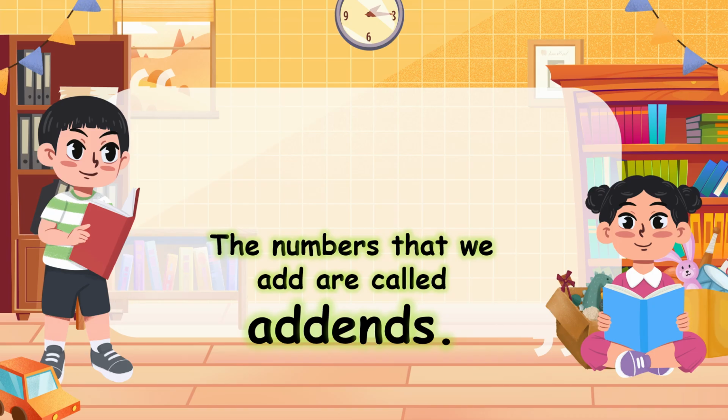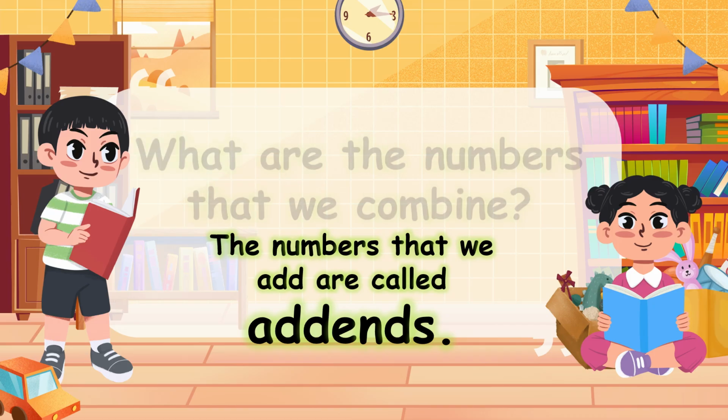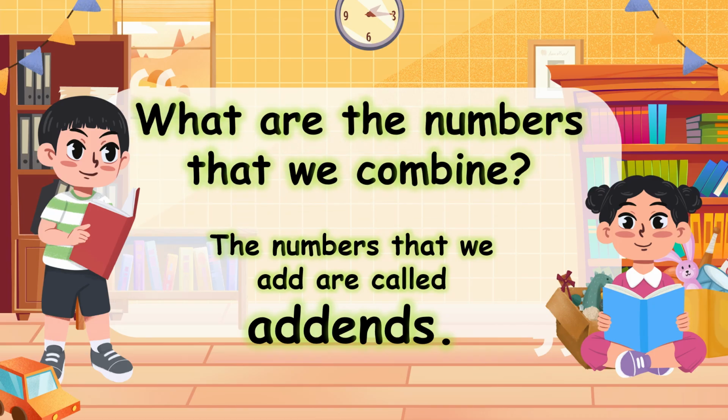Can you say it in a complete sentence? Say, the numbers that we add are called addends. Can you say it together again? The numbers that we add are called addends. So these are the numbers that we combine.